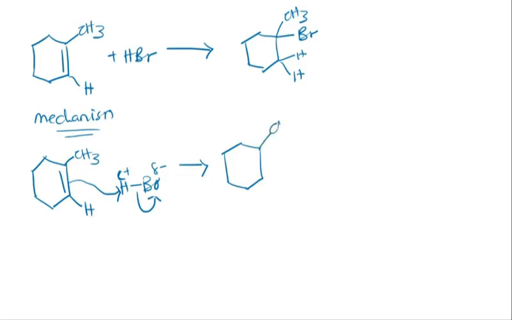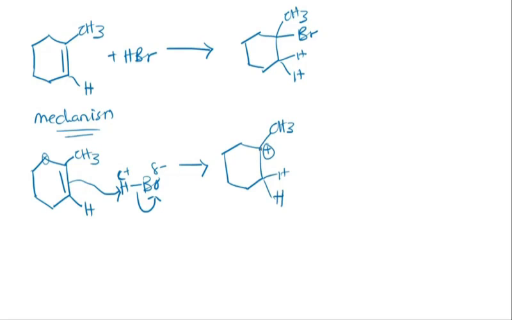Then we have our CH3 here, and we know that the hydrogen will go to the less substituted carbon. Between this carbon and this carbon, this one has one carbon here and another carbon, so it has 3 carbons attached to it, but the carbon over here has only 2 carbons attached to it. So this is the less substituted carbon. So the hydrogen will attack over here. So we have here and here, and our carbocation is formed over here.